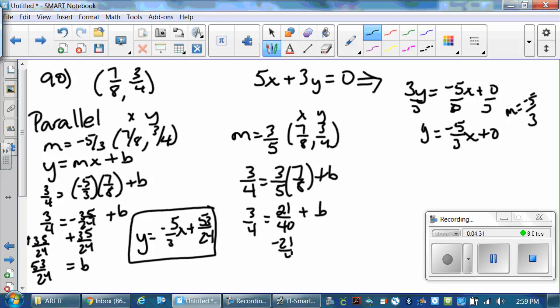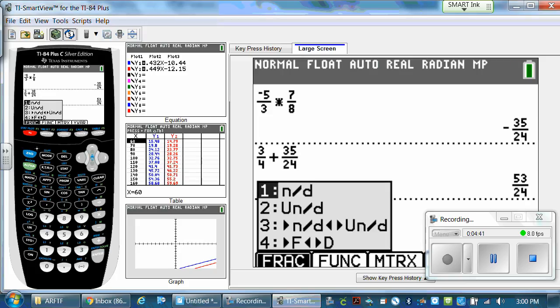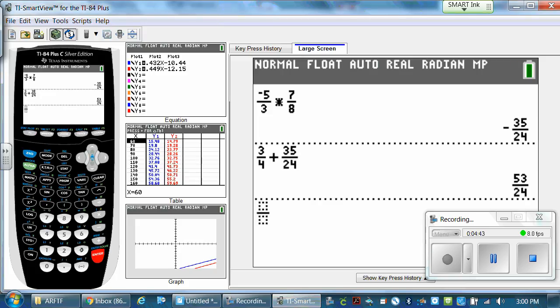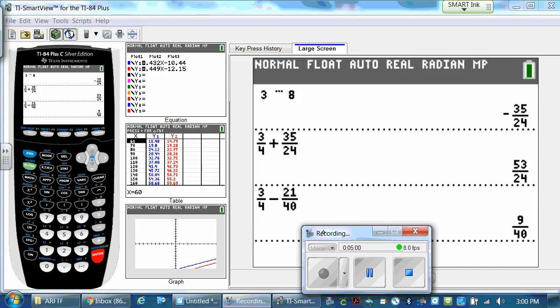Subtract 21/40, and you get that b equals 3/4 minus 21/40, which is 9 over 40.